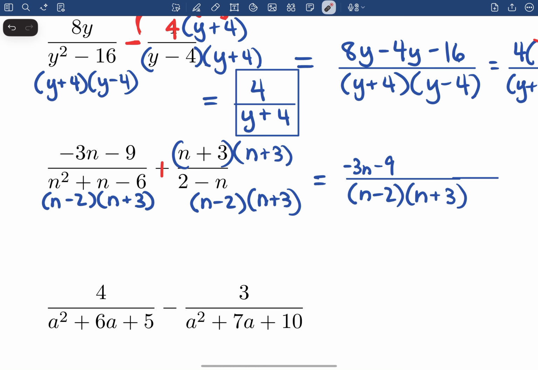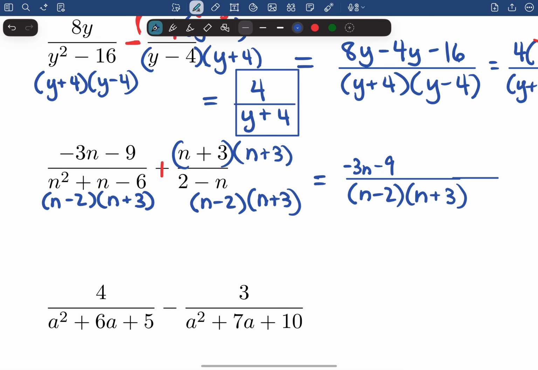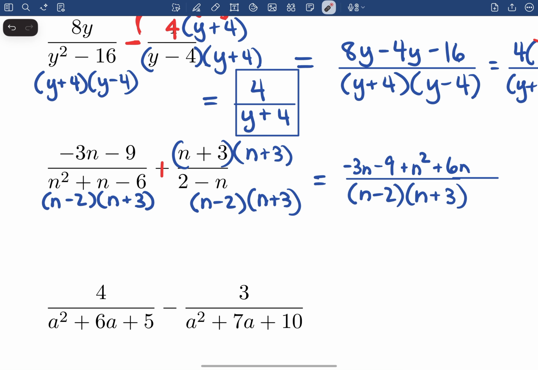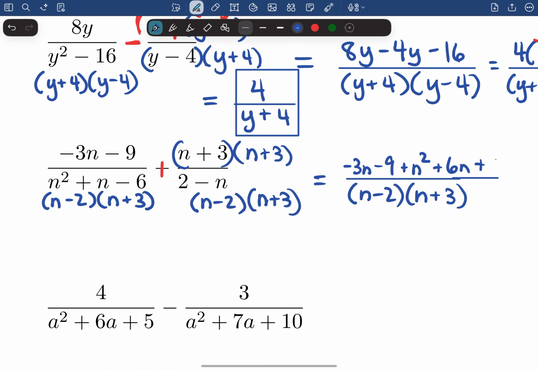And to clean up the numerator, we need to FOIL these together. So I have a plus n squared, right? Because n times n is n squared. And then a plus 3n, and then another plus 3n to make 6n. Let me show you. I took n times 3, that's 3n, and then plus 3 times n. Okay, so 3n plus 3n is 6n. So I've simplified it really quickly here. And then 3 times 3 is 9. So I get a 9.